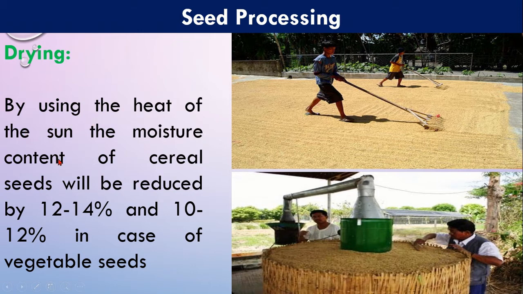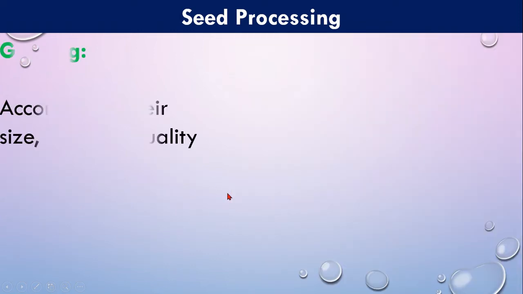By using the heat of the sun, the moisture content of cereal seeds will be reduced to 12 to 14%, and 10 to 12% in the case of vegetable seed. So when you want to preserve the seed, the cereal crop seed moisture will be 12 to 14%. If you dry the cereal crops under full sunlight for about 3 to 4 days, the seed moisture becomes 12 to 14%.